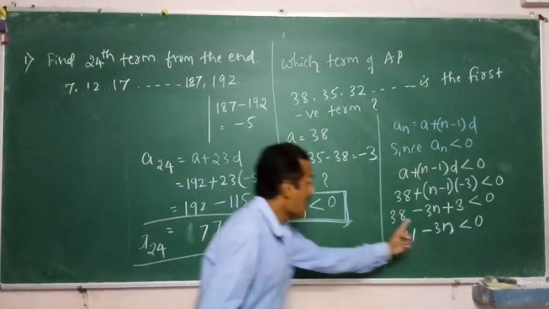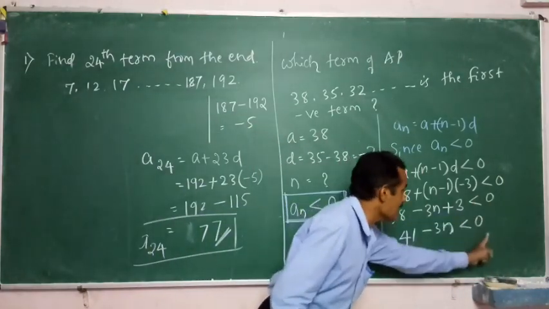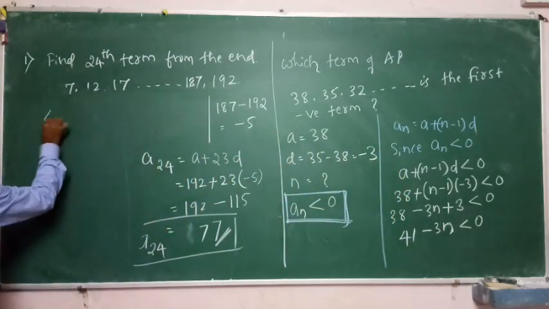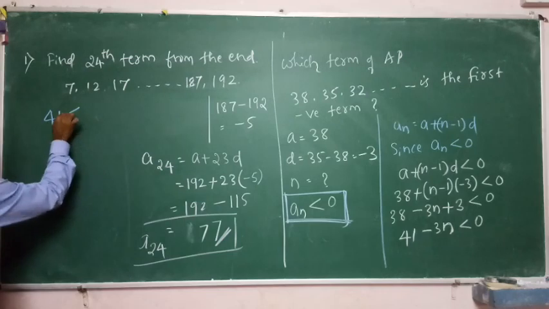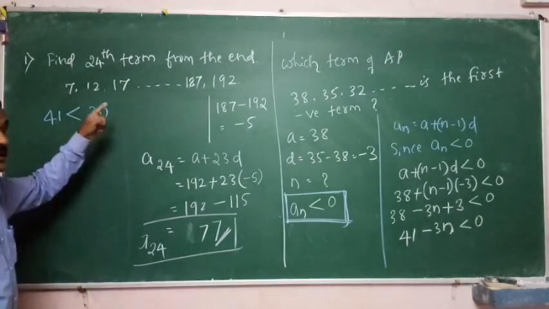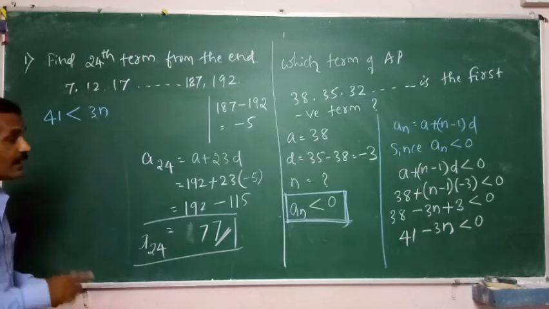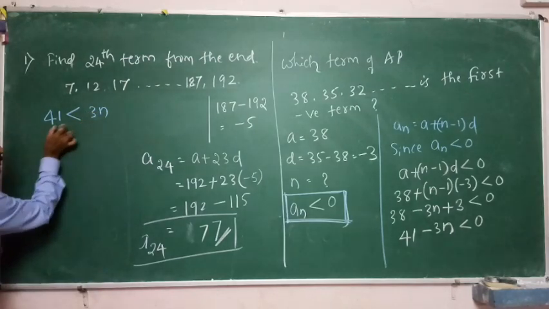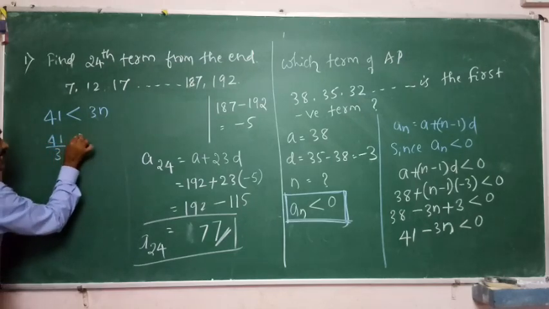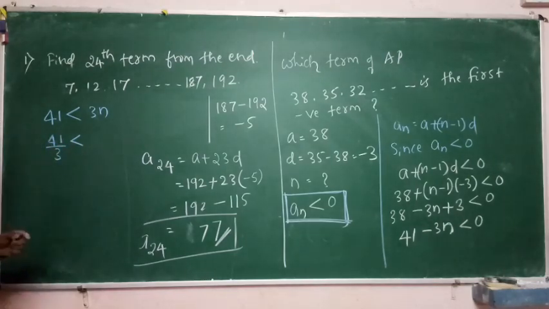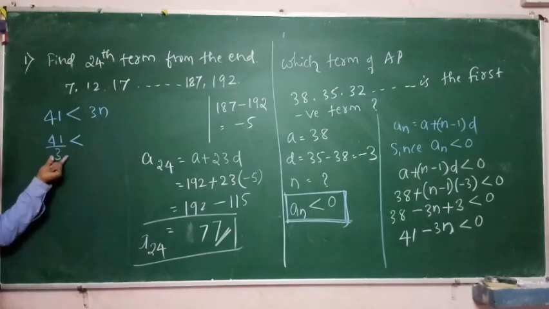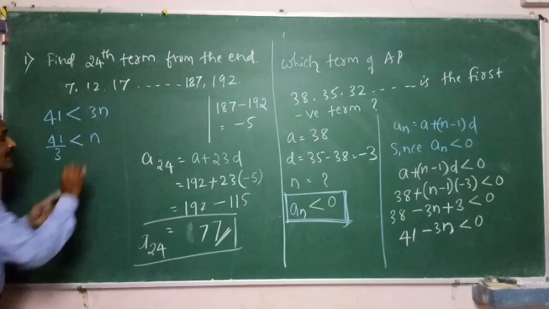What I will do? I will transfer this minus 3n to RHS. 41 is less than 3n. This 3 I will bring to the denominator. 41 by 3 is smaller than n.